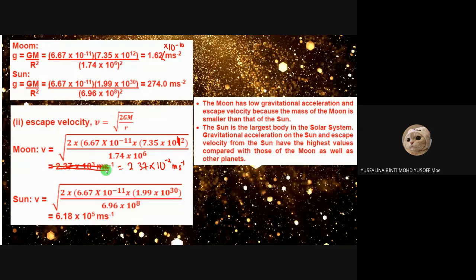Yes, this one is correct. Only this one is wrong, so please make a correction. 2.37. So the moon is much smaller. For the escape velocity, you only need about 0.0237 meter per second.